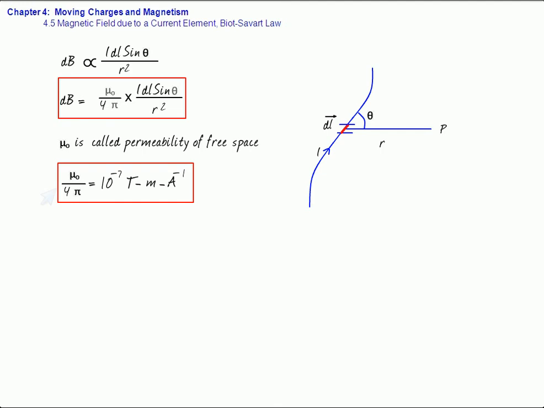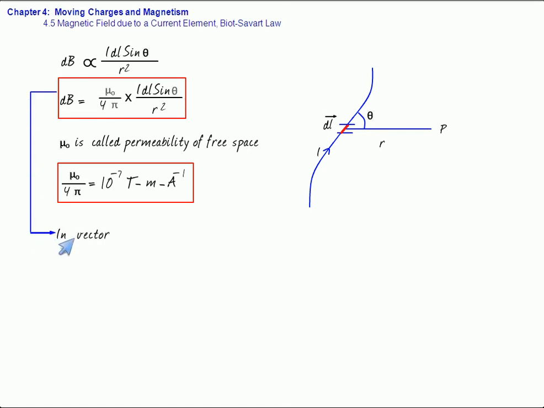This Biot-Savart law can be written in vector form because magnetic field is a vector quantity. Like electric field, magnetic field is also a vector. How we can determine the direction of the magnetic field, we shall discuss later on. First of all, how to write this equation in vector form.